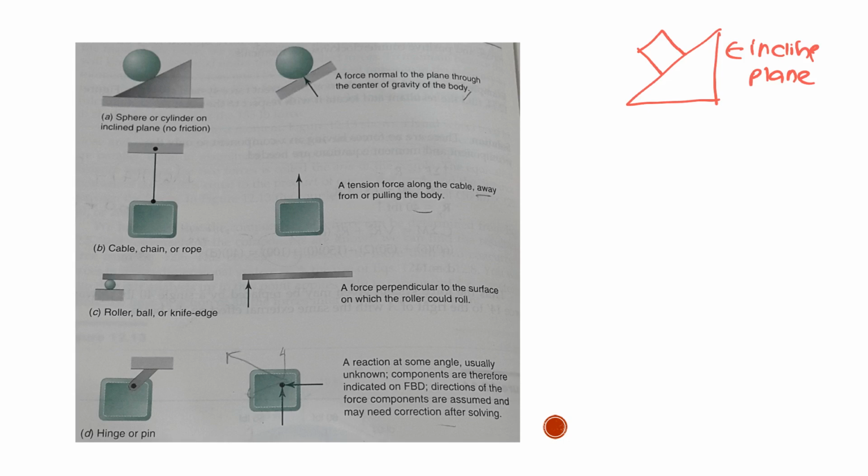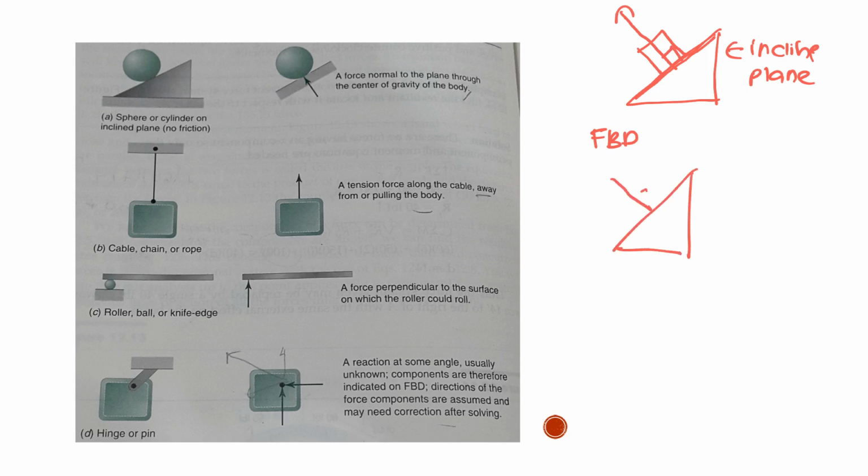When you draw the FBD, you need to show only forces. So what is the force acting on the box from the inclined plane? Parallel, perpendicular, left, right, up, down? It should be perpendicular to the face of the inclined plane. I repeat, when it comes to the inclined plane, the force needs to be perpendicular to the surface. So I draw it back.